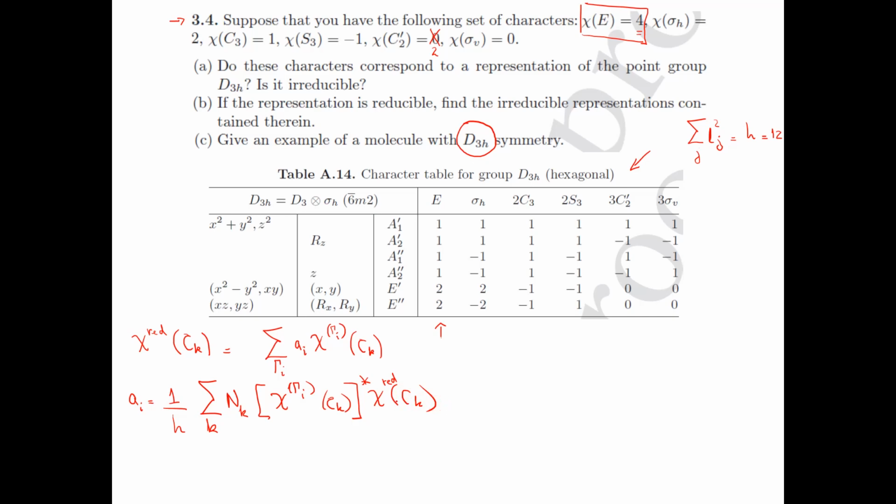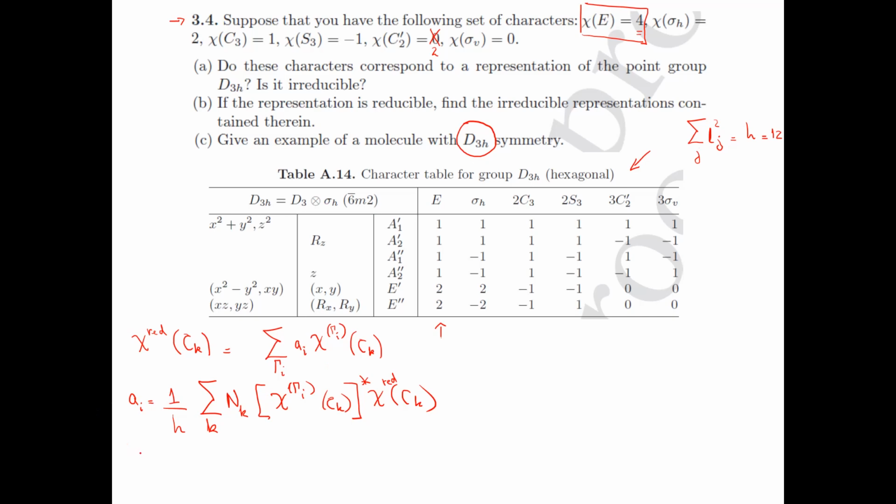So what we can do is work out this formula for all the irreducible representations and see if we can find these coefficients. If that's true, we will prove that indeed this representation is reducible, and it will show us exactly how it decomposes into irreducible representations. Okay? We can start to do that.